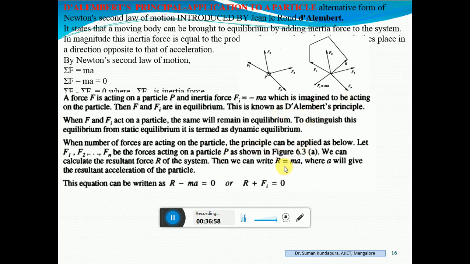So now I can replace that summation of F in terms of R. I can write the same expression as resultant R minus ma is equal to 0, or R is equal to ma, where a gives the resultant acceleration of the particle.